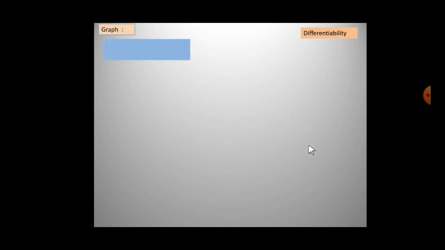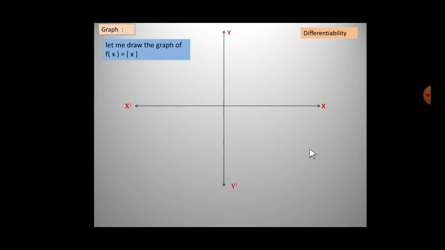So let me draw the graph of greatest integer function. So this is the axis, and you know greatest integer, any number 0 to 1 it is 0, but at 1 it is open, because at 1 the value of the function is 1, therefore this line we get.